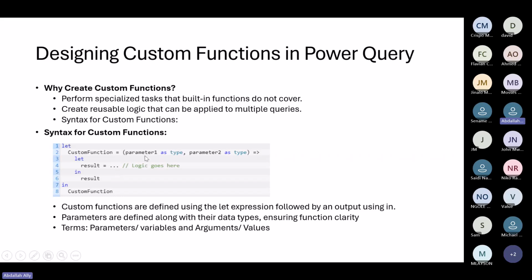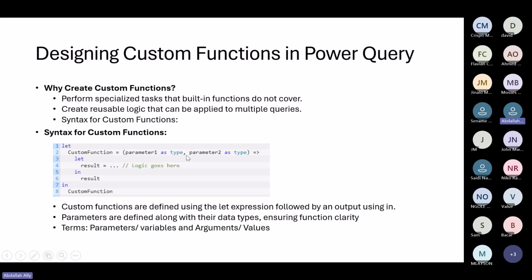So let us discuss a very important concept here. When you are designing a function, you are required to provide 0 or more parameters. These are the variables that you find inside the parentheses. As I said, you start with the name of the function, like this one called custom function, an equal sign, then you open and close parentheses. Inside the parentheses, you provide parameters.